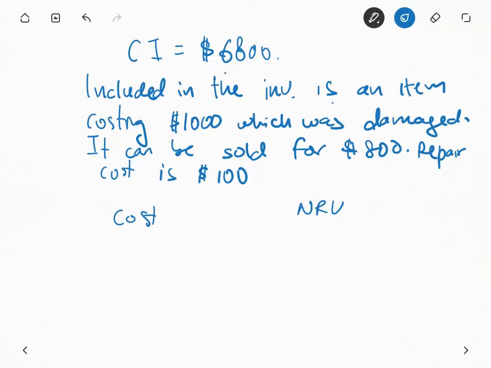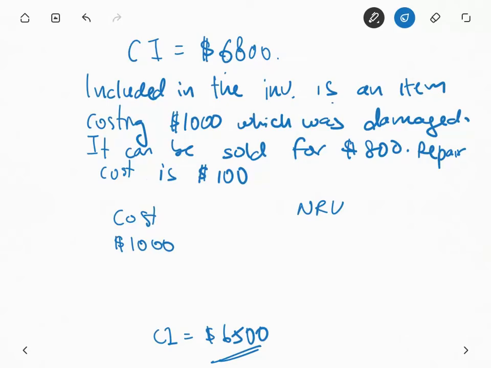What is my closing inventory? 6,500. Yes. What is my original cost? That is damaged.